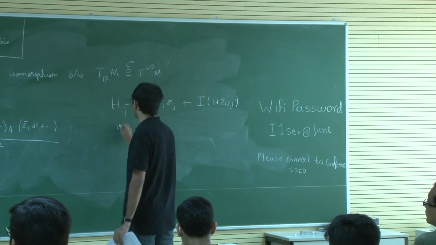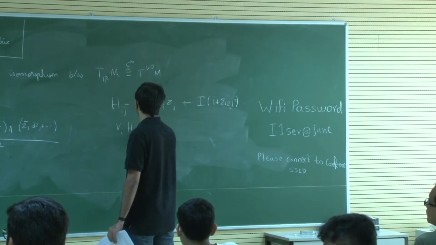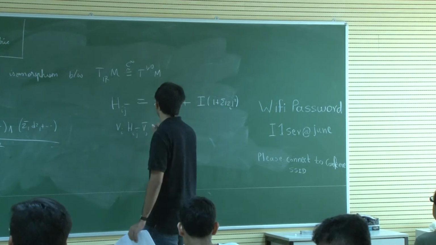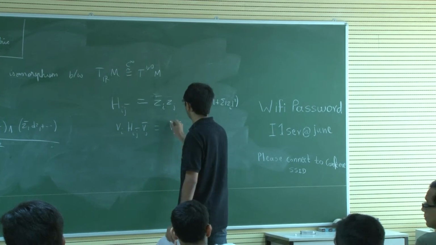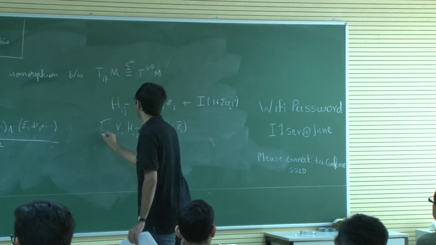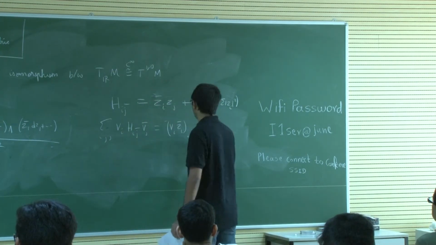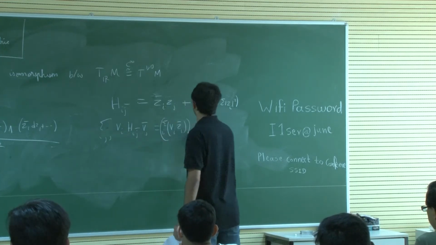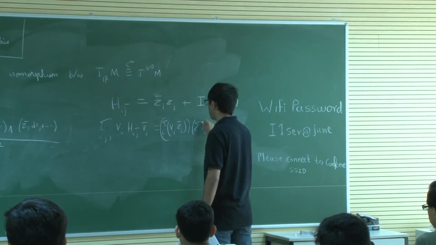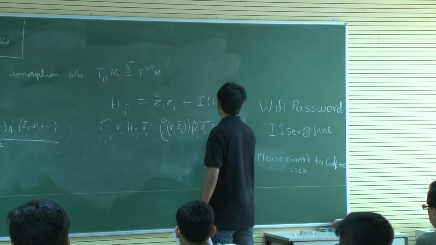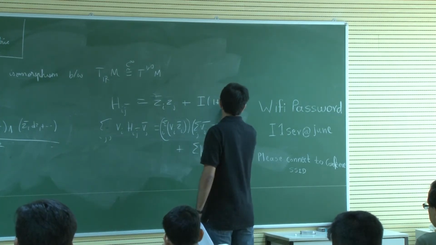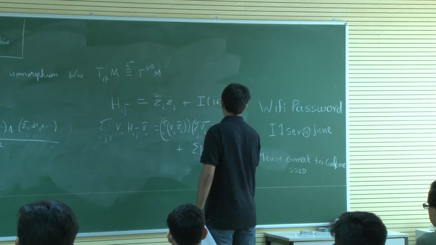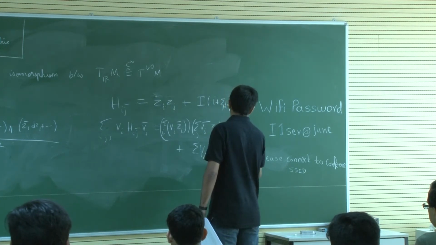The reason is, if I take a vector v and compute the sum over i and j of vi zi bar times vj bar zj, plus the sum of |vj| squared, maybe I'll write mu here, times (1 plus this).